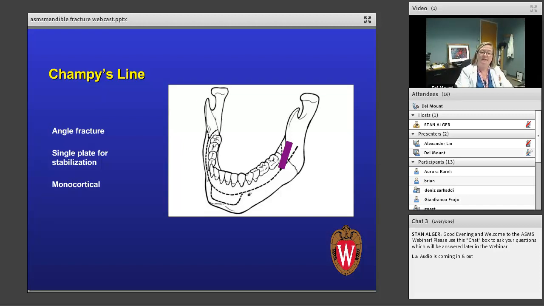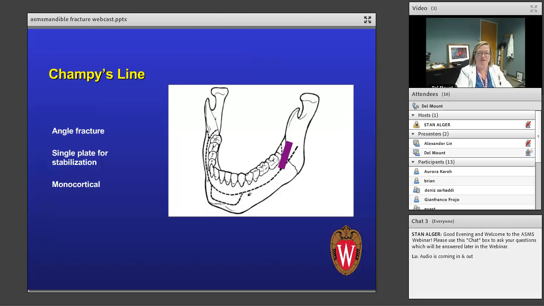If we place a monocortical plate along the Champy line like this, through an intraoral incision, we know that with bite force, we're going to have enhancement of our zone of compression. So the zone of compression doesn't necessarily need a plate on it if we have a Champy plate. I know that's kind of a difficult technique to think about, the Champy plate.